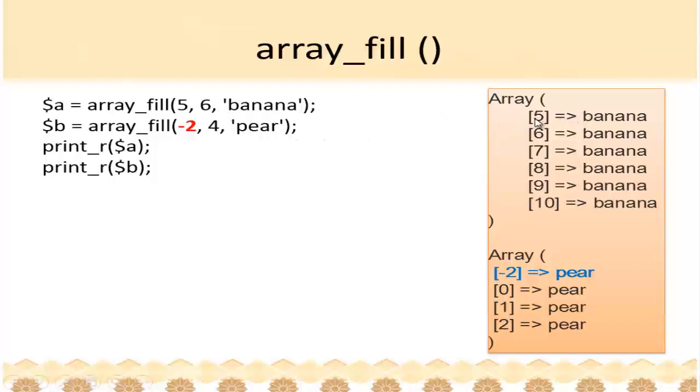So 5, next 6, that is the count. Start here and how many elements have to be filled. So start at index number 5 and the next 6 elements. If you count 1, 2 and up to here, it's 6 elements, including 5.